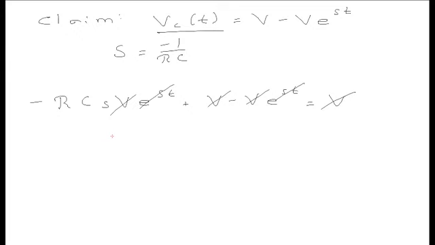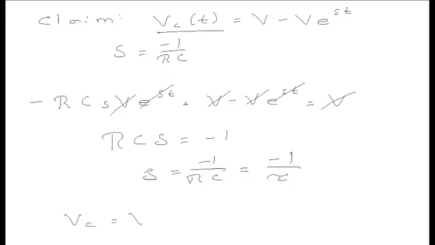And what I'm left with is RCs is -1, or s is -1 over RC, which, if you remember from last video, is -1 over tau. So, we're left with Vc is V minus V e to the negative t over tau.